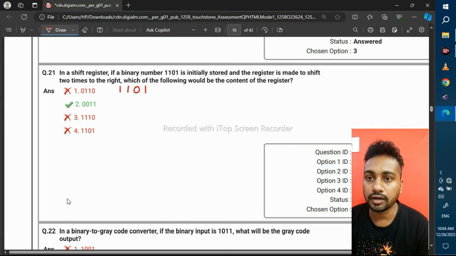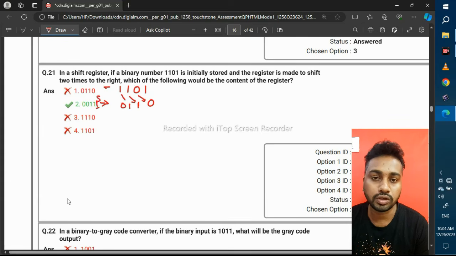Here they are shifting right side 2 times, means 2 clocks. So in the first clock, if we shift this one, then 0 will come here, then this will come here 1, then this will come here 1 and 0. So in the first clock it will be 0 1 1 0.